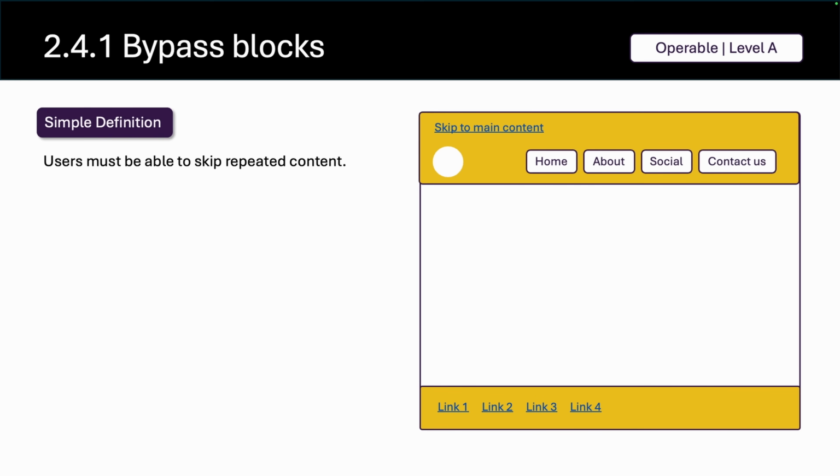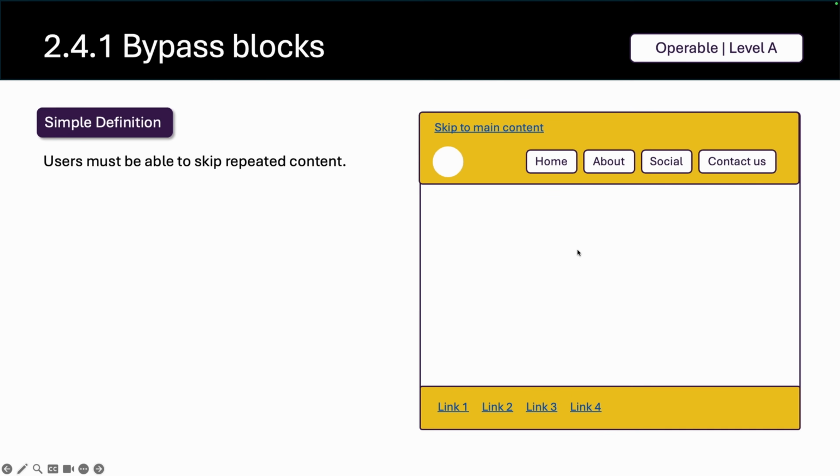And how do you do that? By providing a skip to main content link as the first tabbable link on the page. So when you load a new page and press tab, that should be the first actionable element on the page. And when you press enter, it should skip all the headers which are repeated at the top, and your focus should be on the main content of the page.